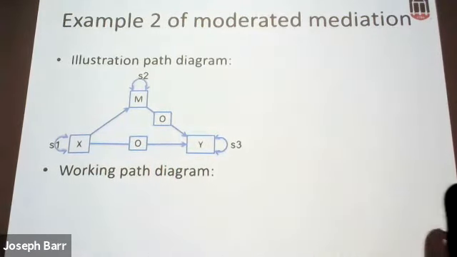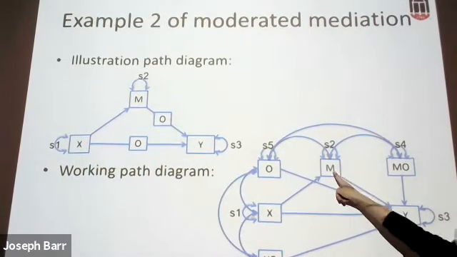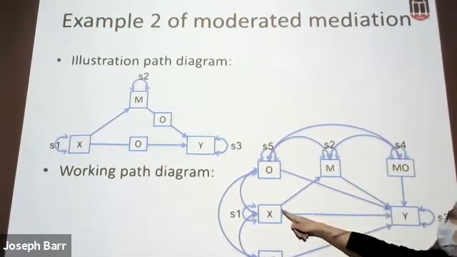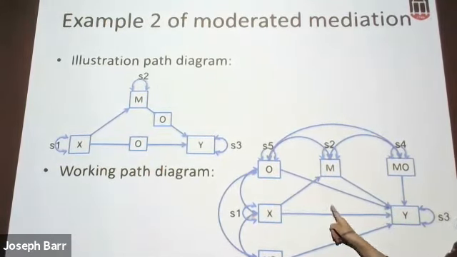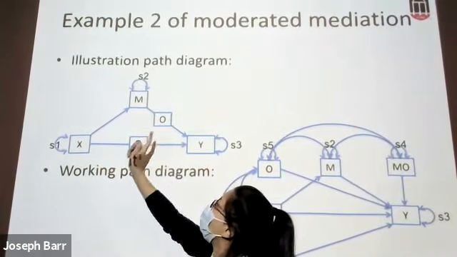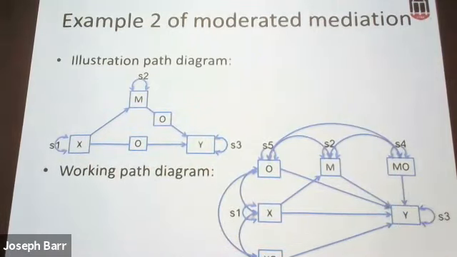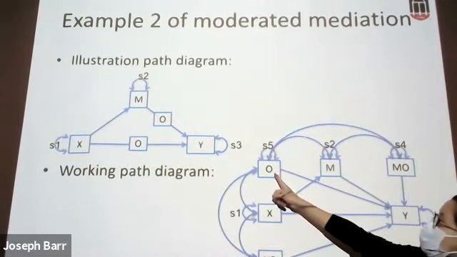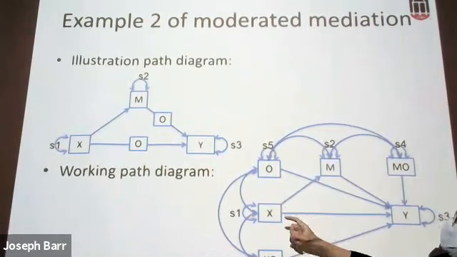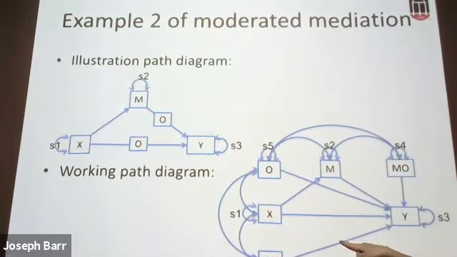And then how to translate it into the working path diagram, that's it. M here, X here, Y here. This is the original mediation model here. But you need to investigate the interaction term between MO and XO, right? MO here, XO here, and O is here. O should be included. And we're gonna check the interaction term of this one and this one.